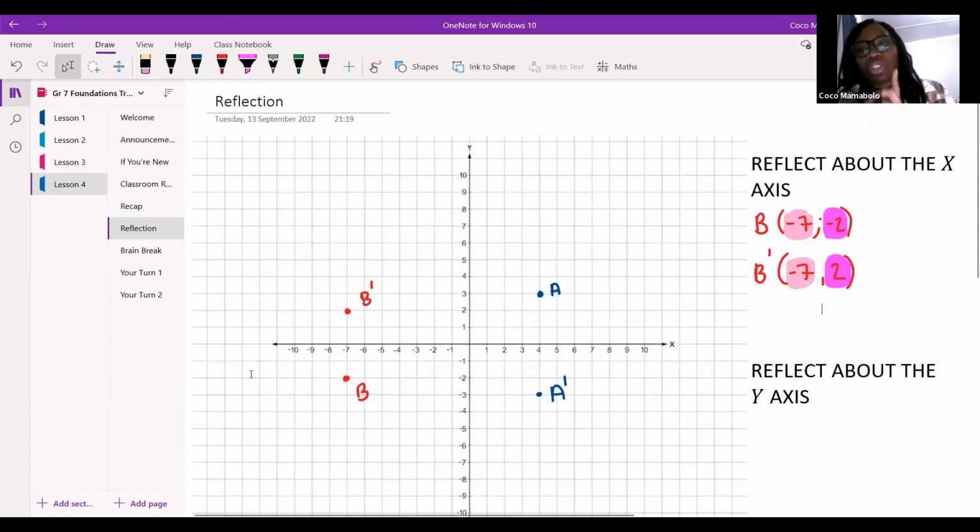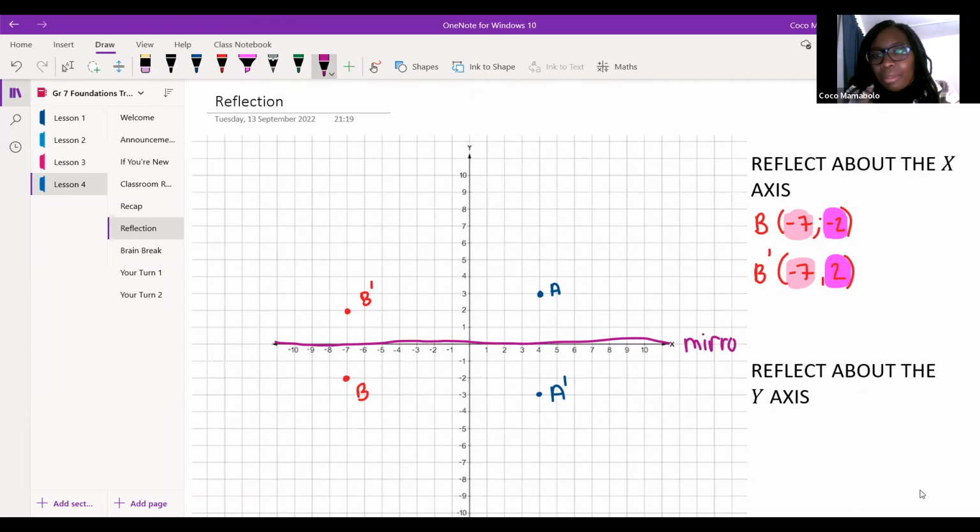Now, I want us guys to notice that what I've actually done here is I've used my X line. I've used this as my mirror. And you guys will notice, if I use this as my mirror, let me count. From A prime to my mirror, I count 1, 2, 3 Y values.